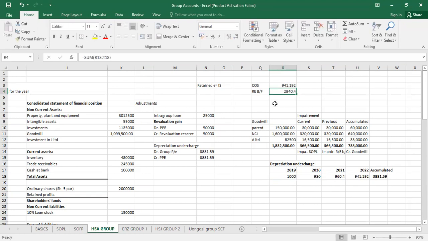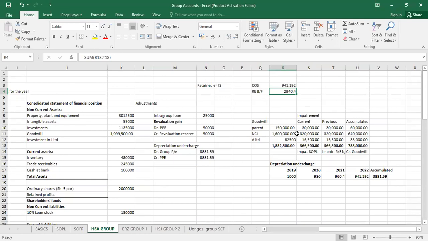Control Enter, of which this is the group retained earnings. So everything here, cost of sale and retained earnings brought forward, because this one was for previous years. So when we say you debit group retained earnings, it means we deduct, because retained earnings have a credit balance. So we deduct from cost of sale, then we also deduct from group retained earnings.